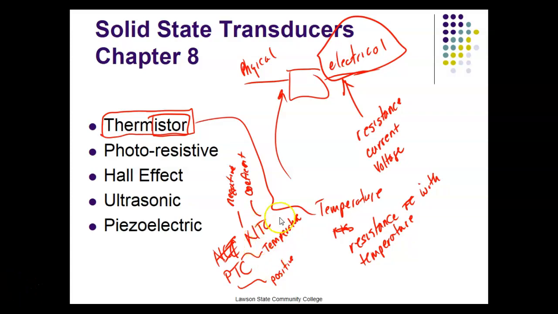So NTC means that the resistance goes down with an increase of temperature, and PTC means the resistance goes up with an increase in temperature.